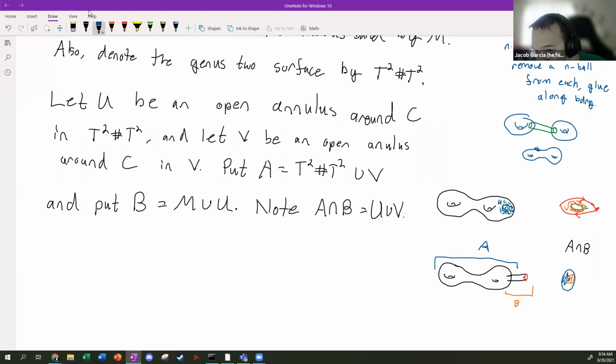The interior looks really hard to see, so instead I'm just going to draw it like this, and then rotate this picture around the y-axis. Then you get the same picture that I was trying to draw here. If you rotate this around the y-axis, you get the blue annulus that was U with the V thing that's sticking out.